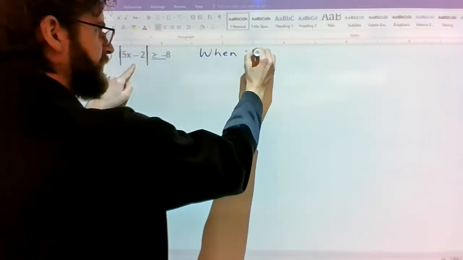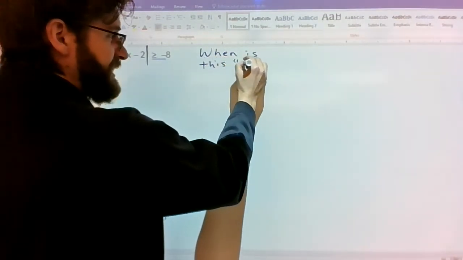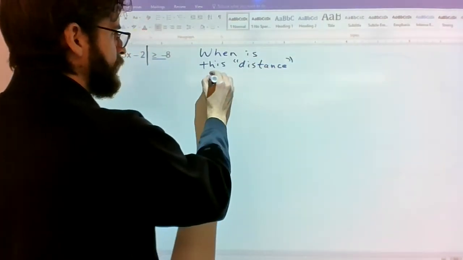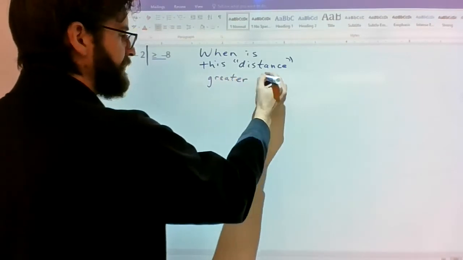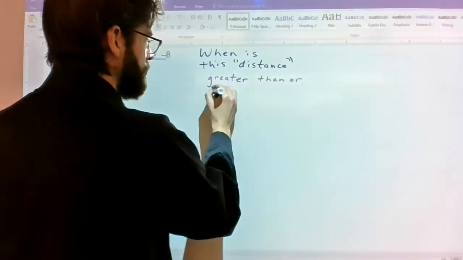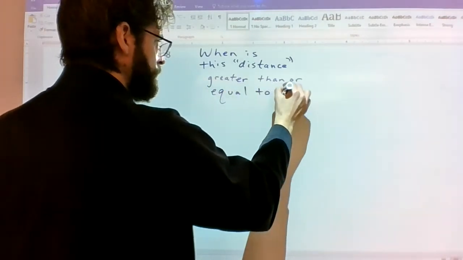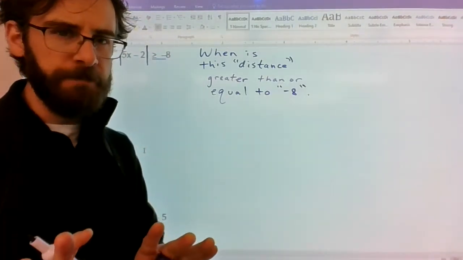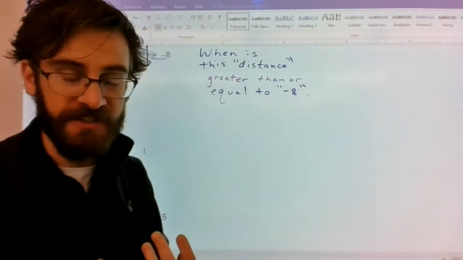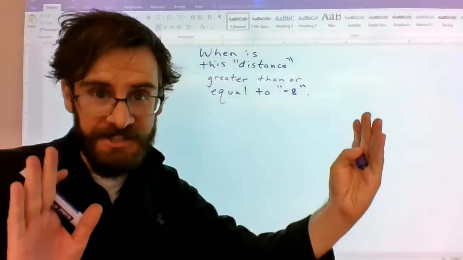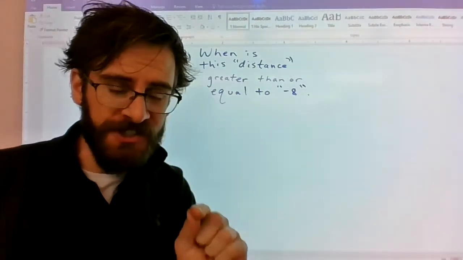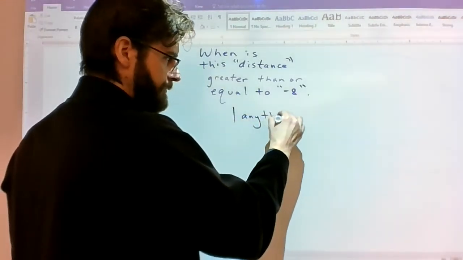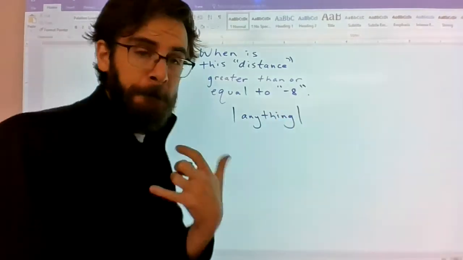When is this, and I'm going to put distance in quotes, greater than or equal to -8? Well, I think what I've established, and hopefully you guys are getting that I've established this, is that distance is always a positive value. Absolute value forces things positive. So the absolute value of anything must be positive.